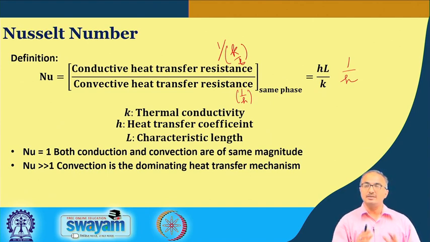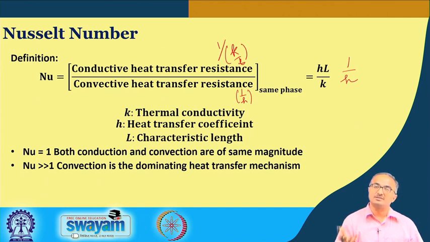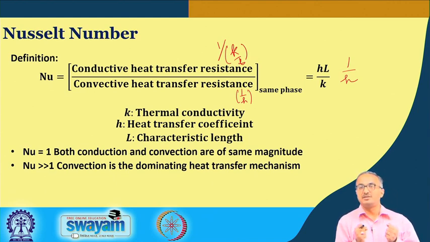Within a given fluid, if the fluid is very viscous, generally with the increase in viscosity the thermal conductivity is coming down, even though they are independent properties. But we can say that the convective resistance becomes more and more when the viscosity increases.